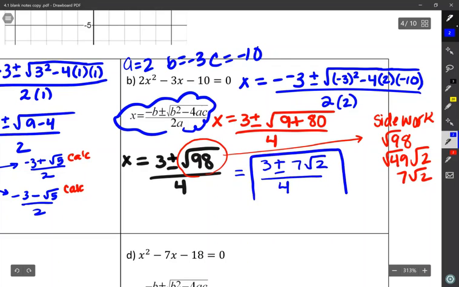You have to have it simplified, otherwise you'll lose a point for not simplifying it. So just be careful with that.